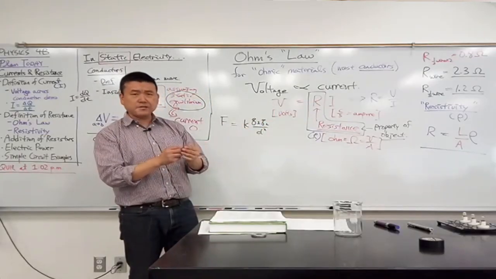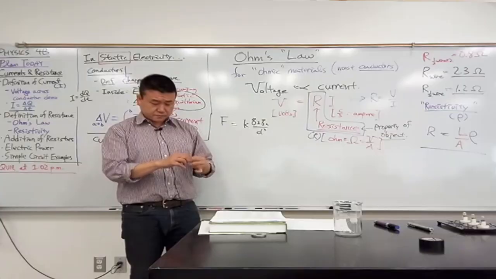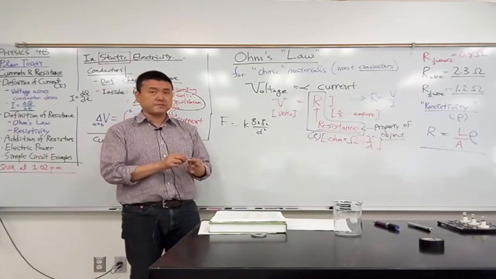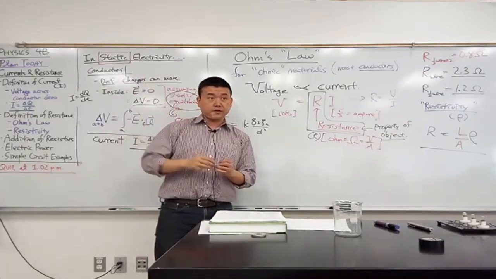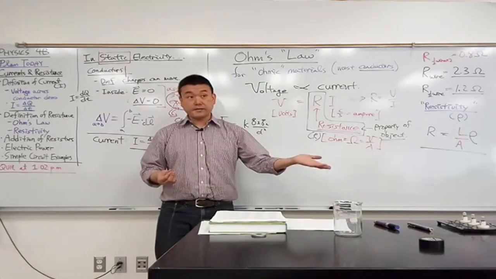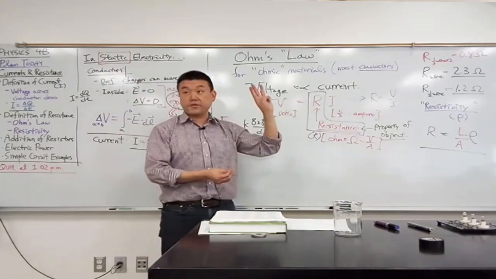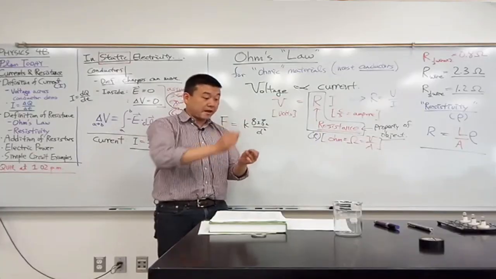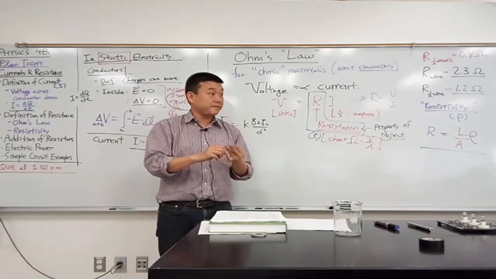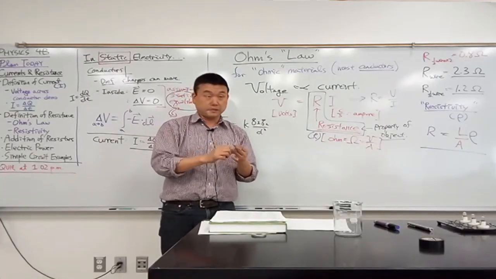I think I said at the beginning of the semester that you are going to see a lot of relationships that relate three quantities together, like the ideal gas law did. This is one of those. It relates voltage, resistance, and current together, and you're going to use this a lot, the way you used the ideal gas law a lot, whenever you're dealing with circuits.